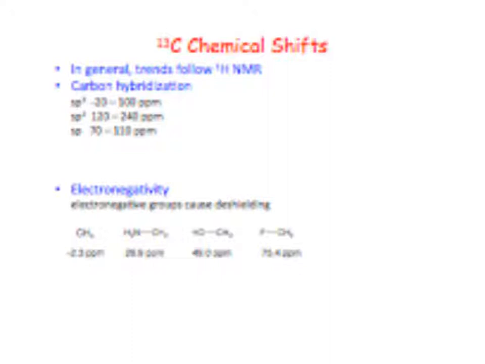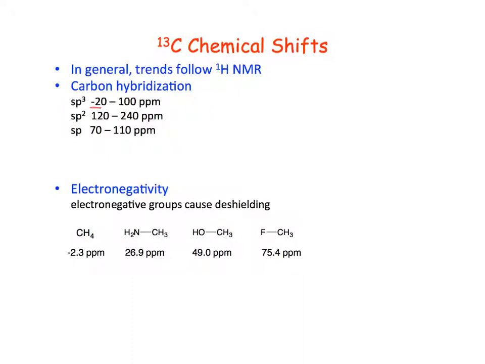All right, so let's look at chemical shift then. In general, chemical shift follows hybridization. These are overlapping ranges, though. So sp3 could go all the way from minus 20 parts per million to 100 parts per million.